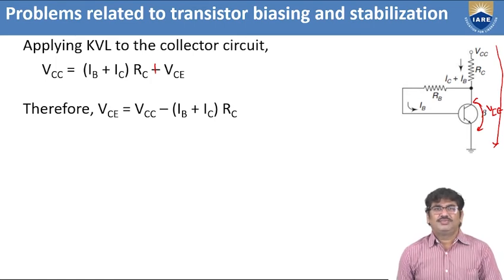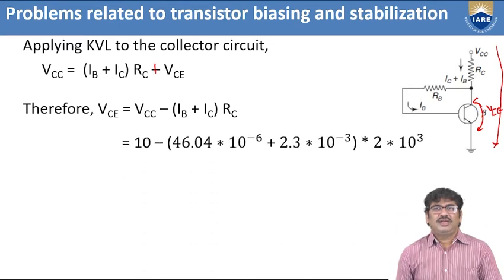Upon substituting the corresponding values, we can find out VCE as 10 minus (IB is 46.04 into 10 power minus 6 plus IC is 2.3 into 10 power minus 3) into RC is 2 kilo ohms, that is 2 into 10 power 3. Upon solving this, you'll get VCE is equivalent to 5.31 volts.